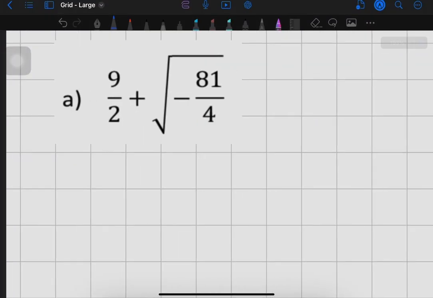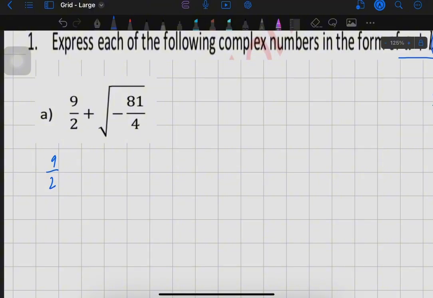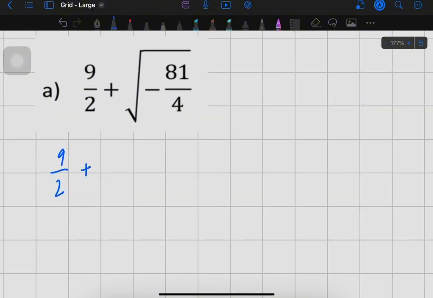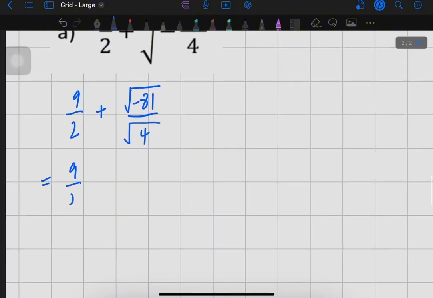Okay, so first of all, we should solve this first. The square root of -81 over 4 is the same as the square root of -81 over the square root of 4, and you will get 9/2 plus the square root of -81.